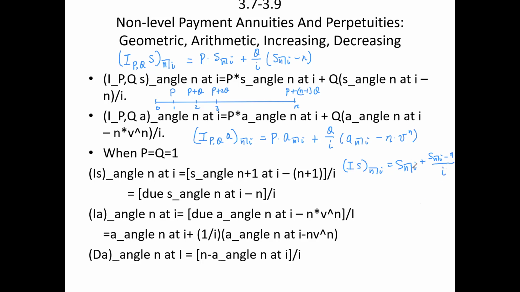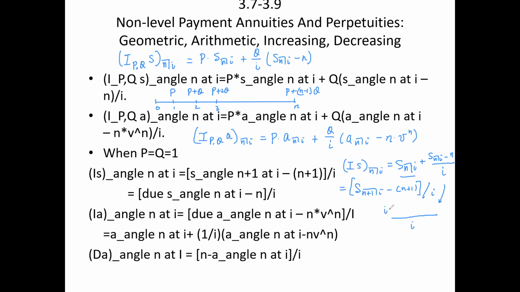Okay, and I think you can put these two terms together, but I'm gonna just skip that. Here actually we have S n plus 1 angle I minus n plus 1 and then divided by I. If you put them together, you would have I on the bottom.